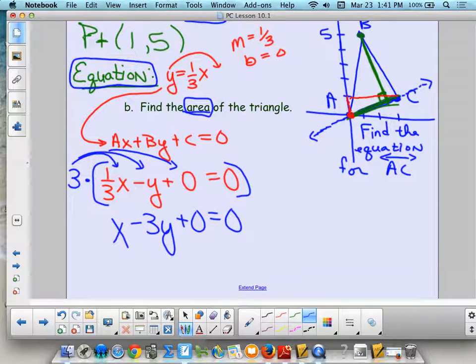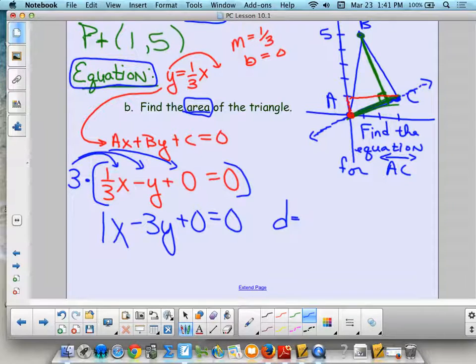There it is. Here's your A, here's your B, here's your C, and now you want the distance from B to segment AC. So use your formula.